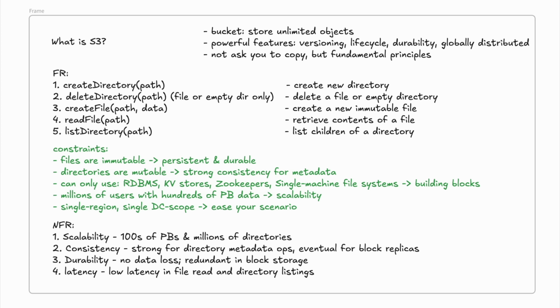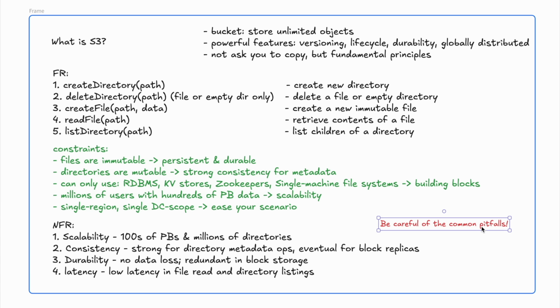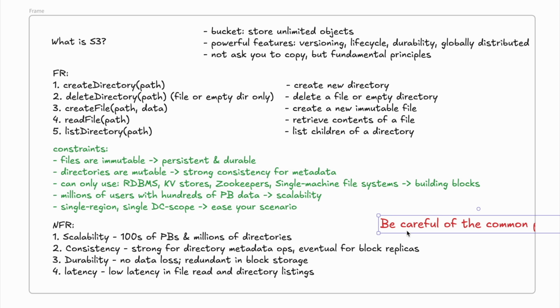Don't assume metadata is trivial. At scale, it's often the bottleneck. And finally, don't wave away consistency, especially for directories. Correctness matters. If you are targeting a high performance during your system design interview round, understanding the fundamental workflow and discussing the trade-offs is a must-do.